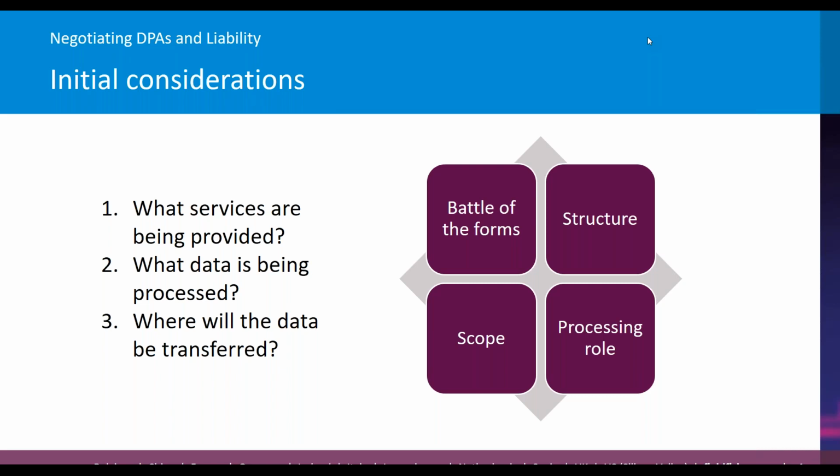And the other thing just to say about structure there is, as Richard indicated, you usually have a master services agreement which frames the overall kind of relationship. And then the data processing terms would usually sit under that MSA. So it's very common for the DPA, as we call it, the data processing agreement, to actually be an addendum to the master services agreement.